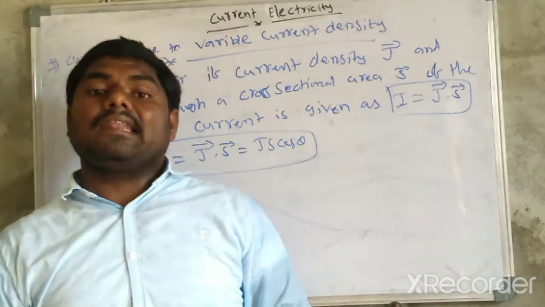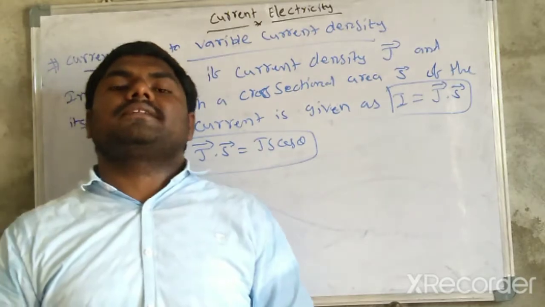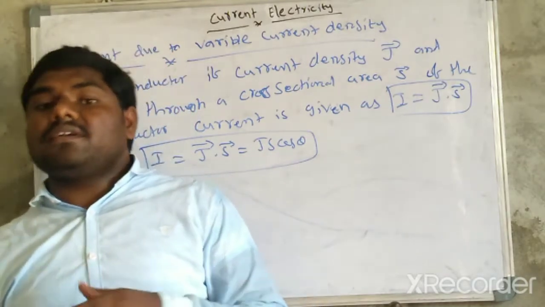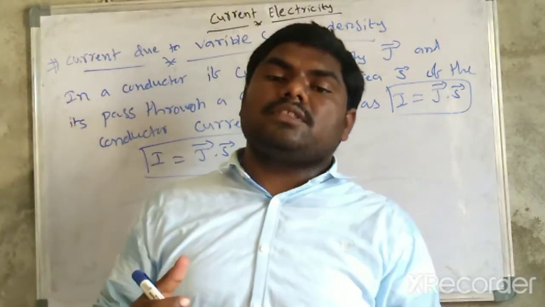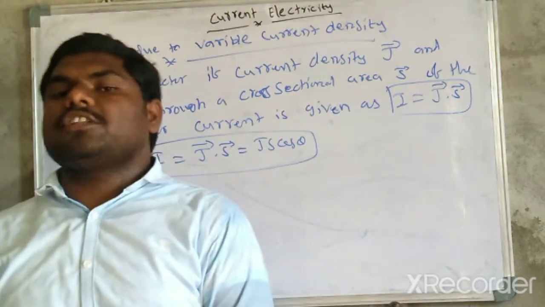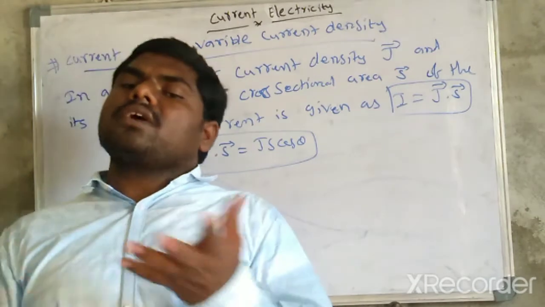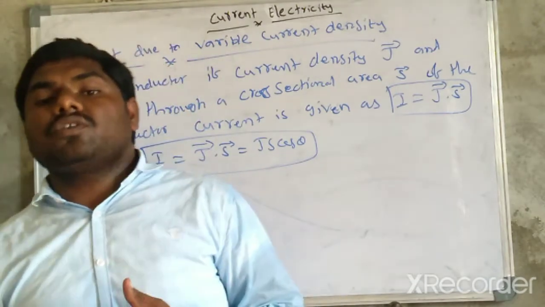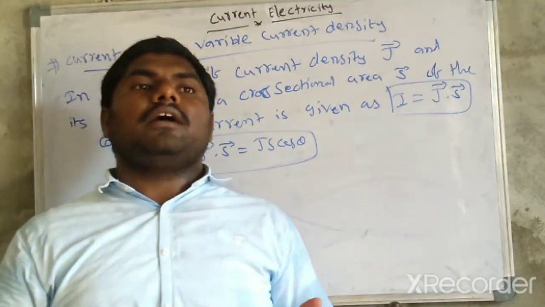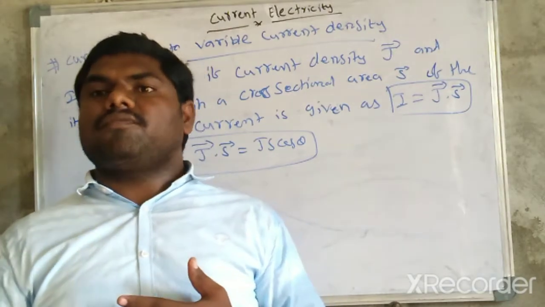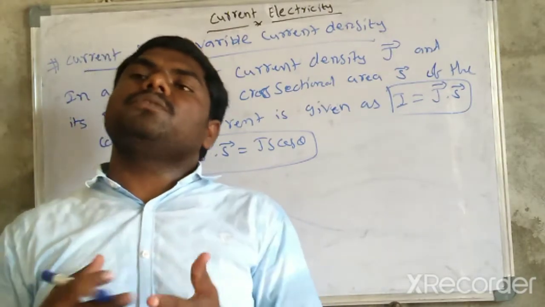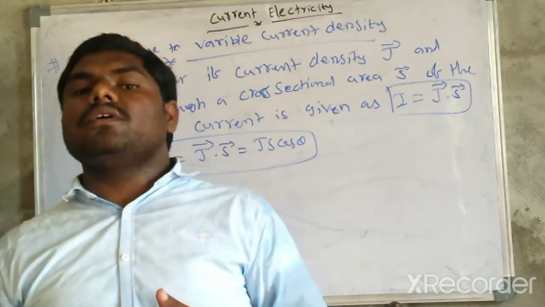But here a variable conductor is there. A variable conductor means the current is different, because the cross section area is changing, so the current is also changing. If there is more cross sectional area, more electron charge flows, meaning more current flows.